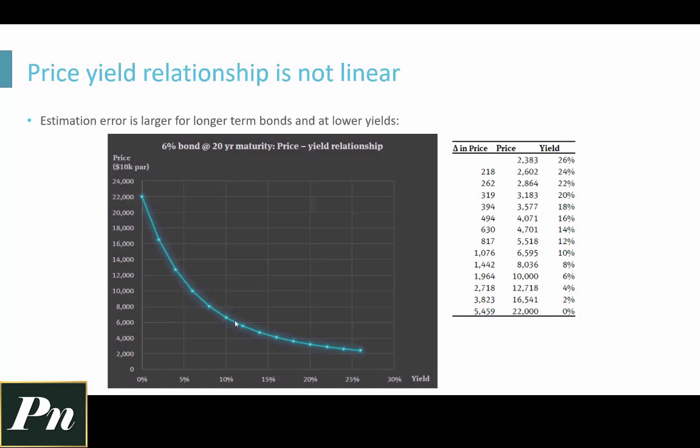Suddenly, if you can imagine a line forming right where my cursor is there, you're going to have more estimation error, because the straight line is going to have a dramatic delta from the actual curvature line, which is what we want, that takes into account the convexity and relationship of yield and price in a more precise way.